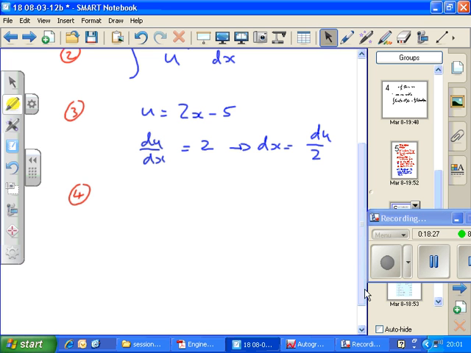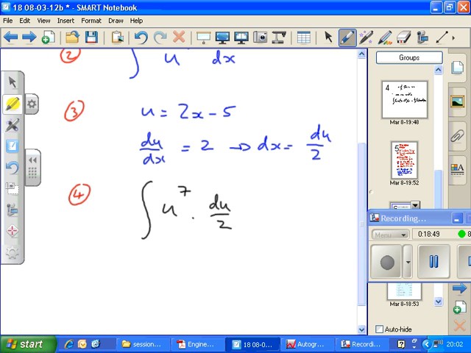Right, so we've got to now do this integral in terms of u, and use the table of standard integrals. So we've got the integral of u to the 7, and then instead of dx, I'm going to write du over 2. So now I'm trying to integrate u with respect to u.